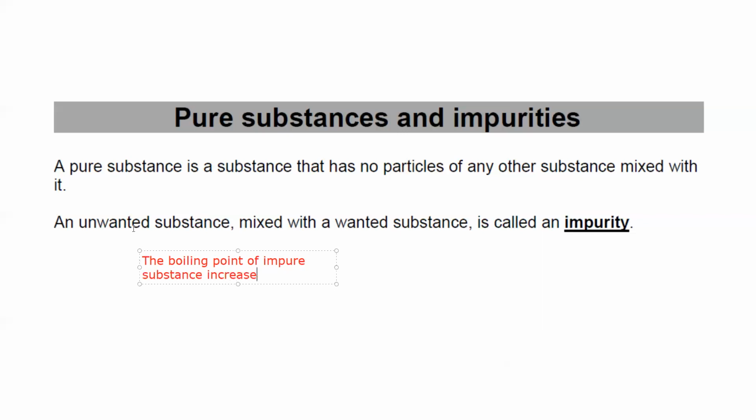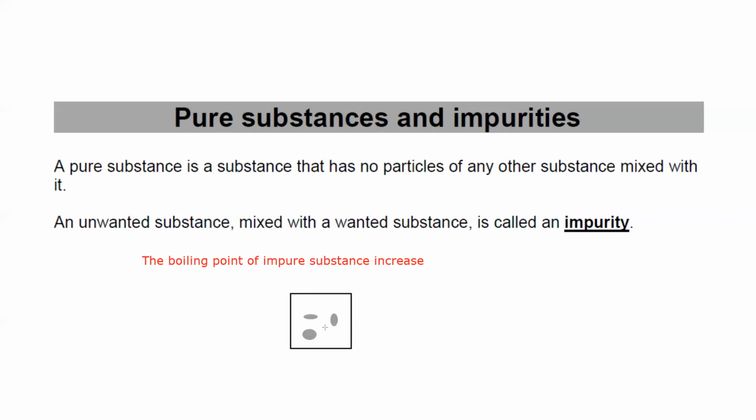But what is the reason the boiling point of an impure substance increases? Because boiling means when the liquid changes to gas. So you want to remove all the particles from each other. Not only breaking the bond, but you want the particles to escape.